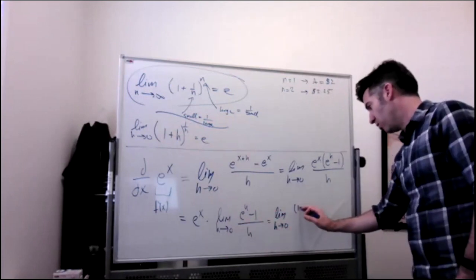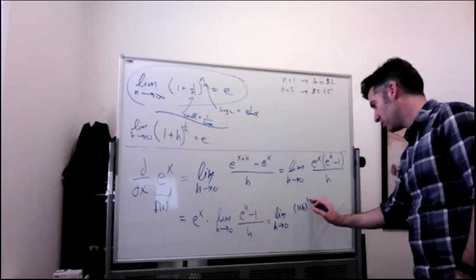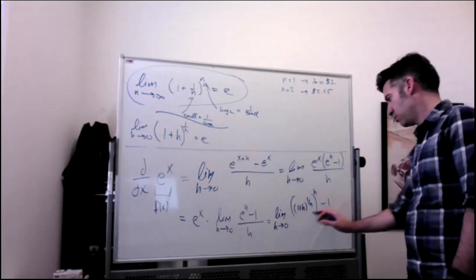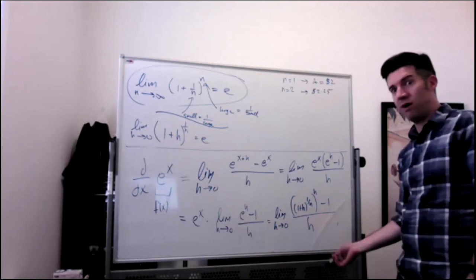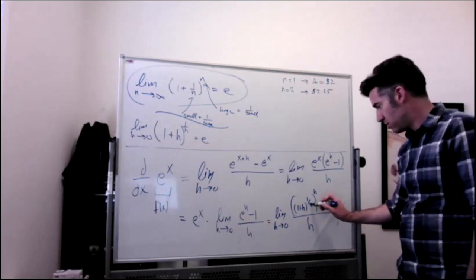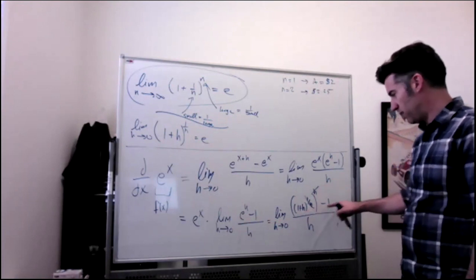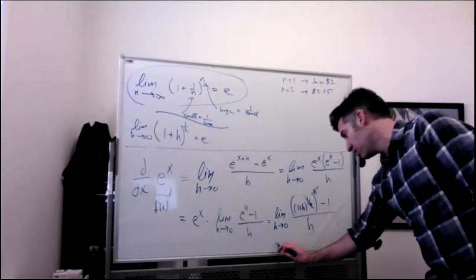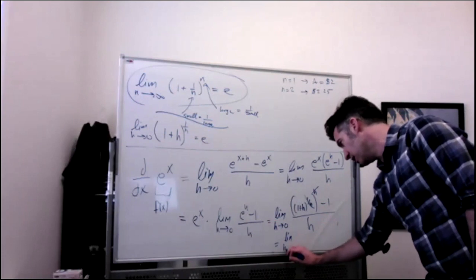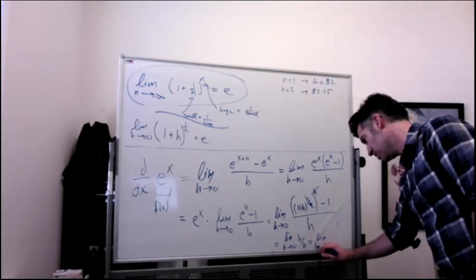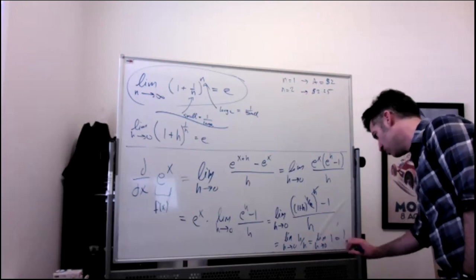So you get (1 plus h) to the 1 over h, to the h minus 1 over h. But now look what happens. The 1 over h and the h cancel out. 1 plus h minus 1 is just h. So you get the limit as h goes to 0 of h over h, which is the limit as h goes to 0 of 1, which is 1.